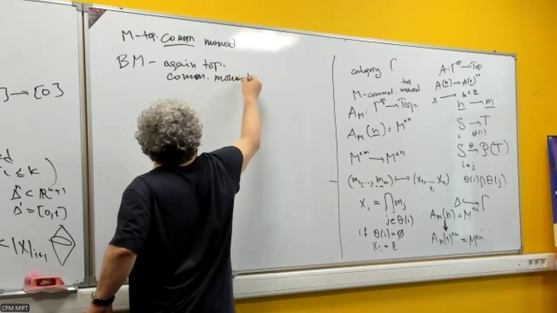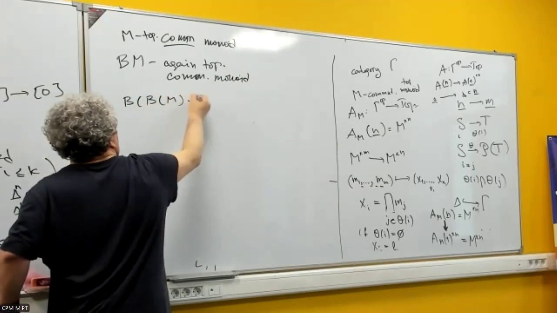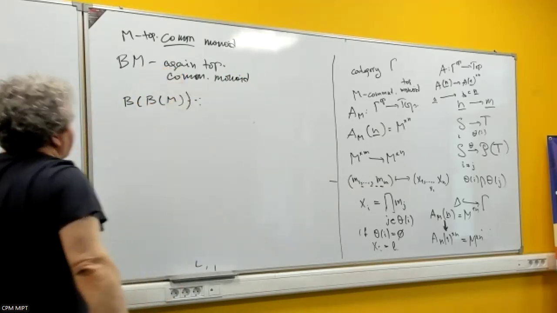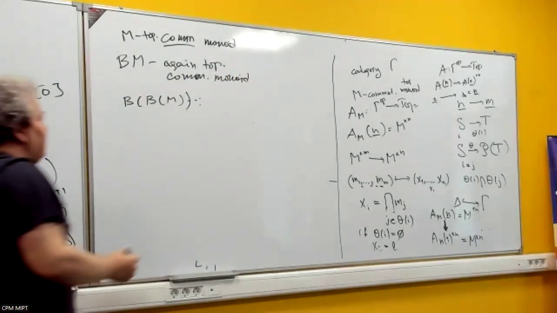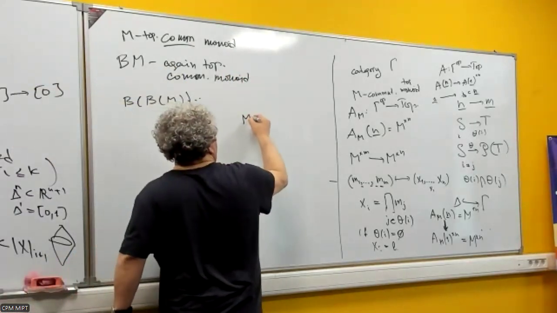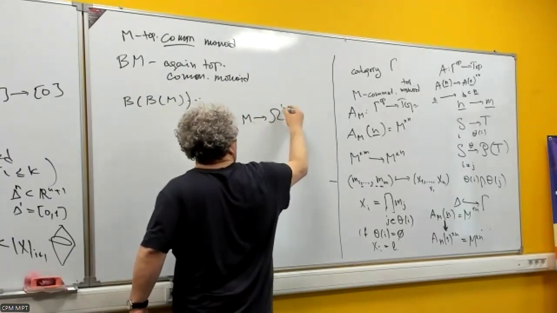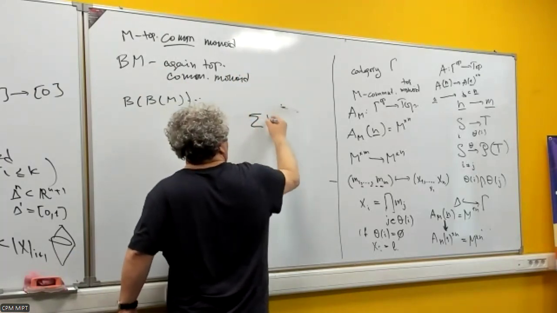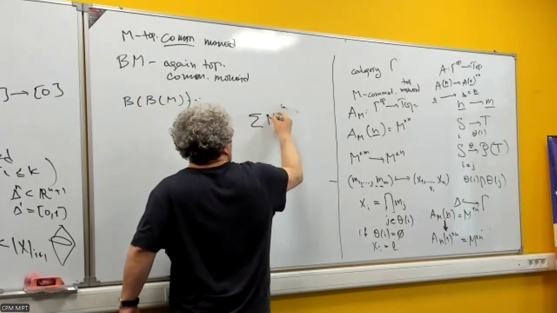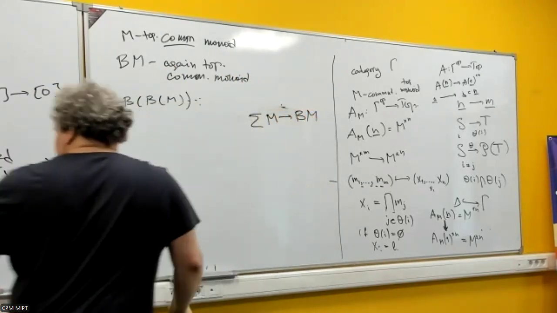And then we actually can take B of M and so on, so that we can iterate this construction, and in each step we get a topological commutative monoid. And as we know, there is M to omega of B, so we had better say sigma of M to BM, which we discussed here.